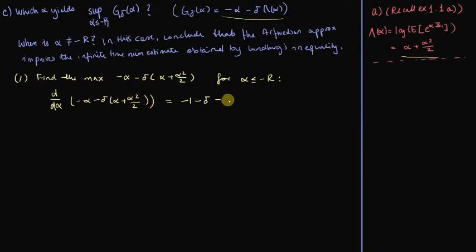So that is just minus delta alpha. And let's just set this equal to 0 and solve. That will imply that alpha delta is equal to minus 1 minus delta, which then implies that alpha is equal to minus 1 over delta minus 1.